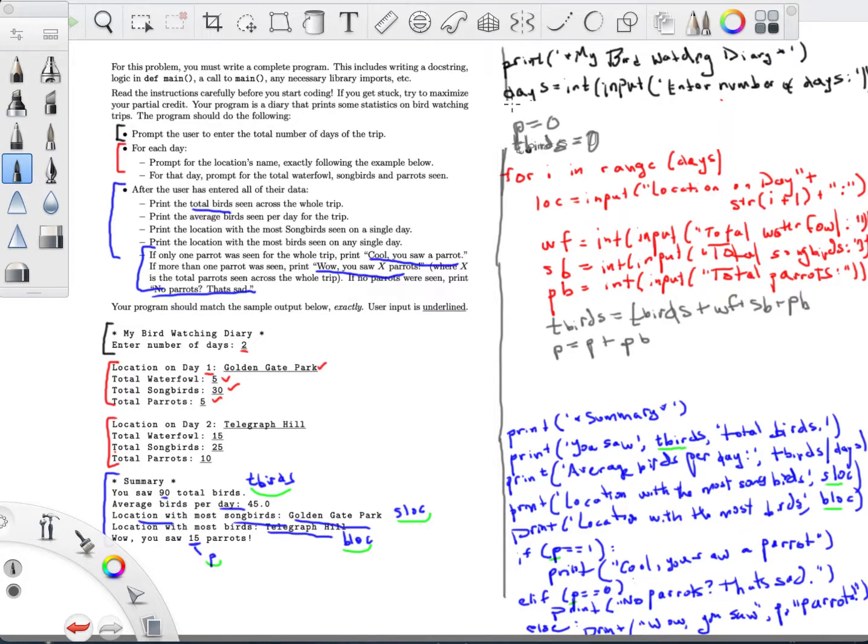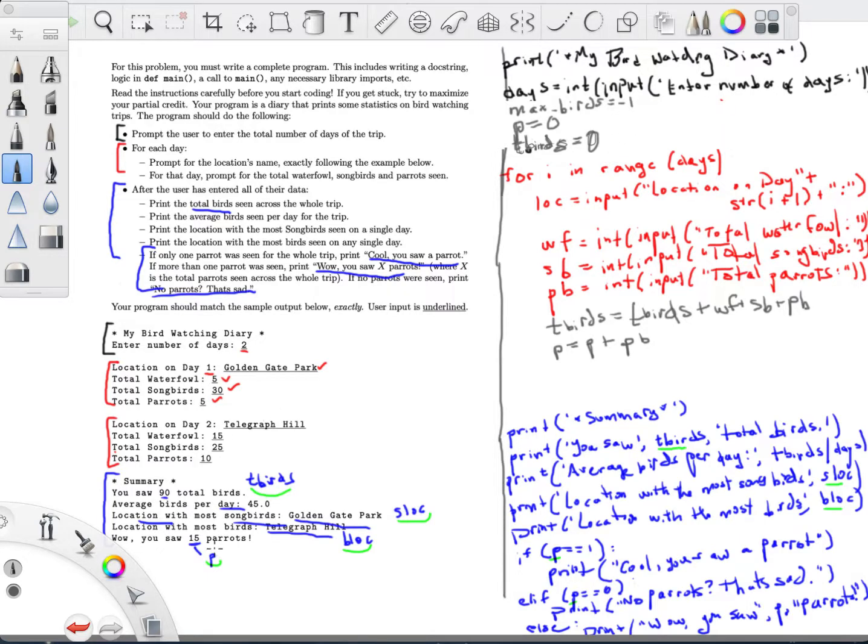So that requires something like max birds. I'd want to start this number very small so it's replaced, because that's the sort of trick we've done before when we've had to keep track of the max. So I'm going to make it -1.